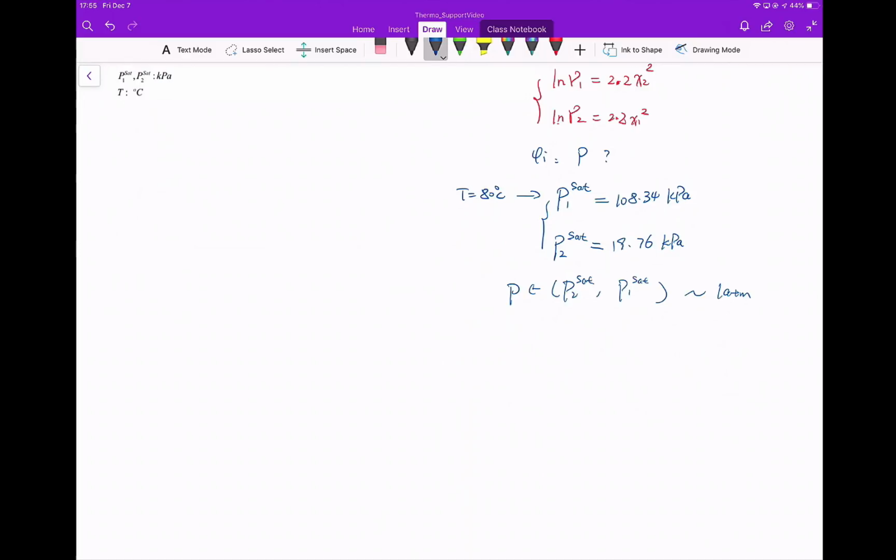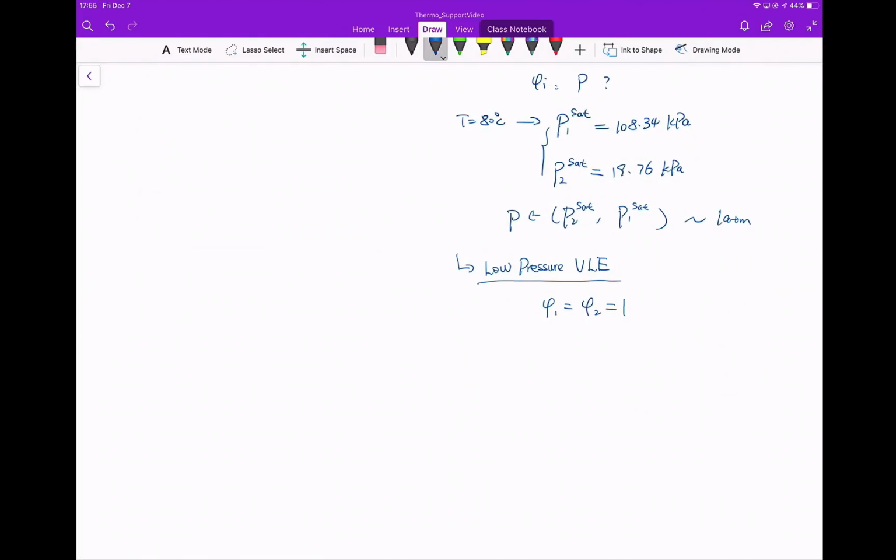So this is the understanding that we have a low pressure VLE, vapor liquid equilibrium, right? That is why the fugacity coefficient should be 1, and we are happy to stay with that.